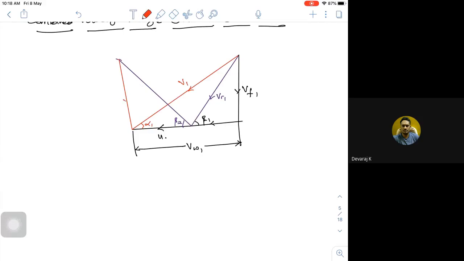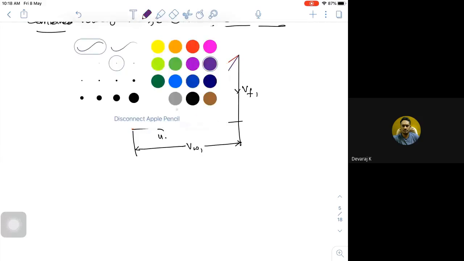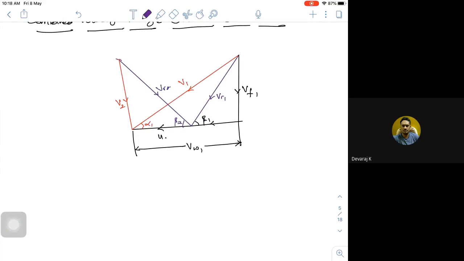This will be my V2, and this will be VR2, and if I close it, this will be VF2, and VW2, and this will be your alpha 2. This is VW2.